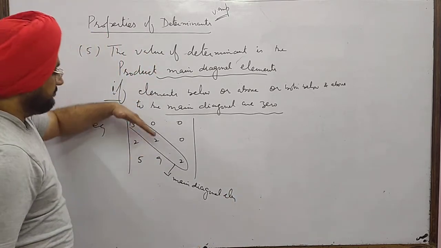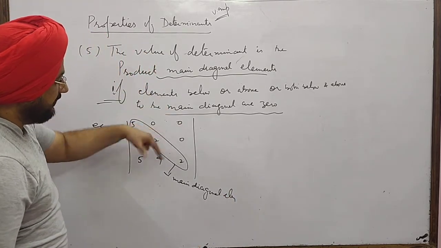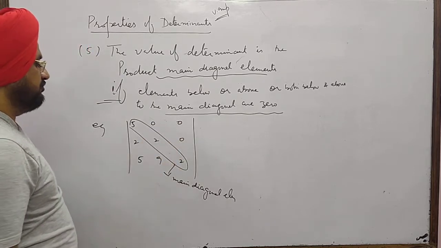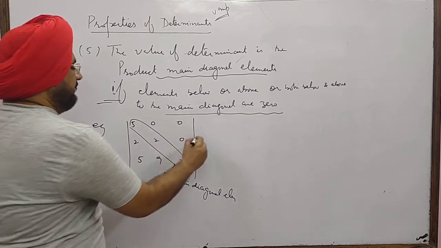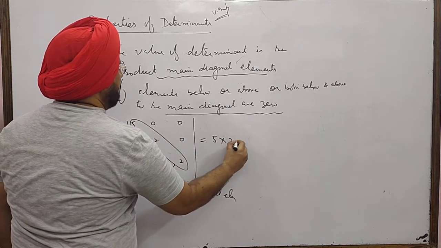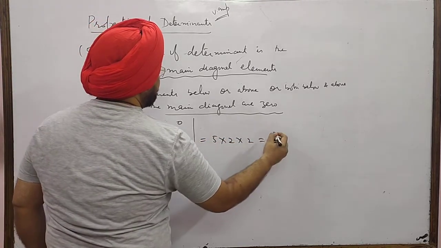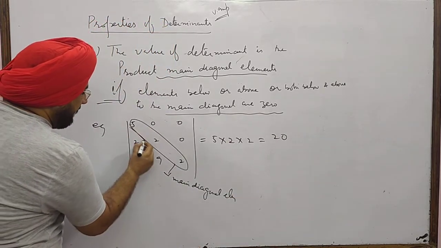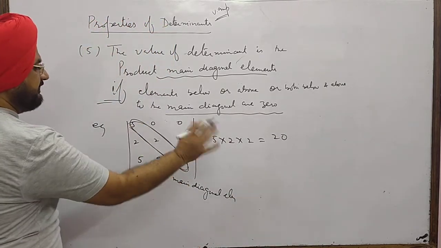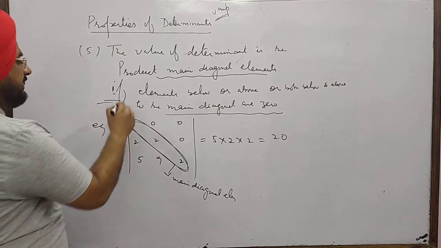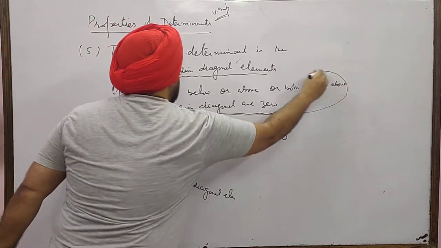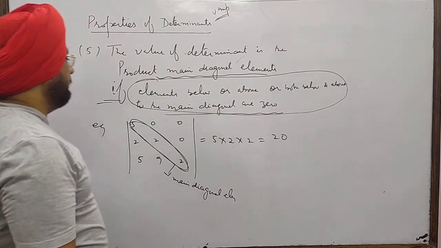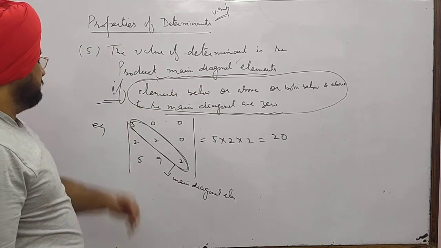If elements below or above, I have taken above in this case, to the main diagonal are all 0, you need not expand the determinant. It will be just the product of main diagonal elements. So its value will be 20. If we multiply all these, you will get the value of determinant. But under this condition, that elements below or above to the main diagonal are always 0.